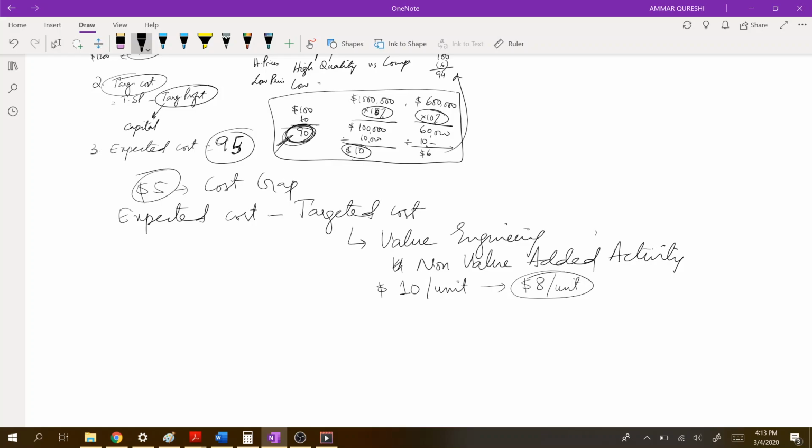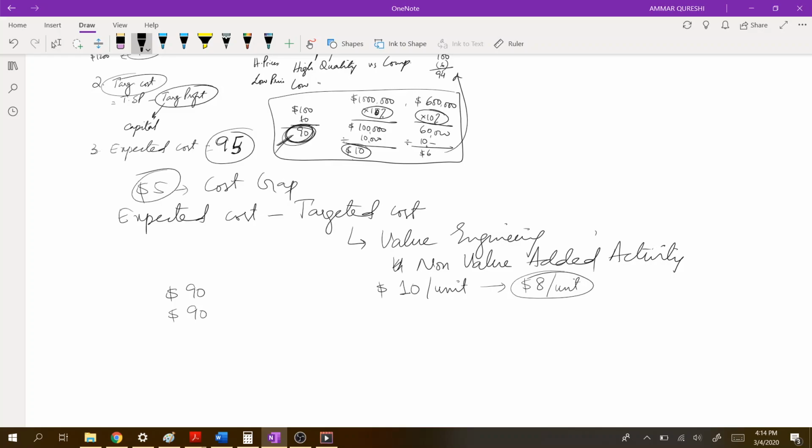Then there is one more point. For example, we want our research and development department to bring the cost of the product to $90, right? In the ideal case, R&D brings the cost to $90.